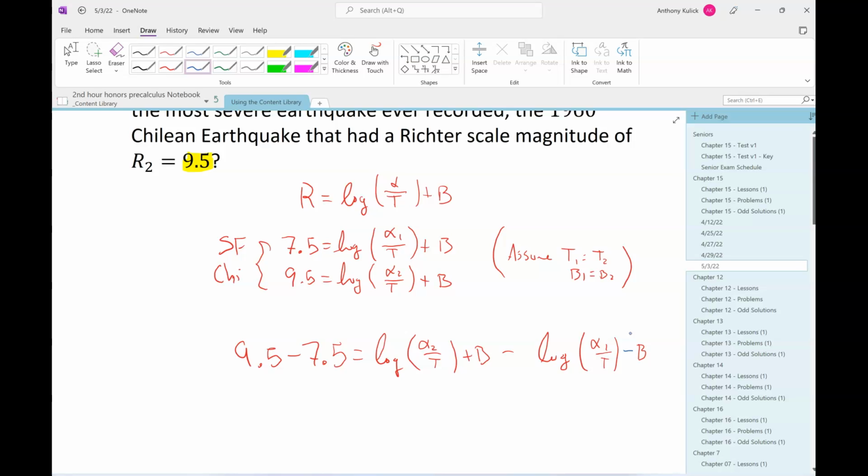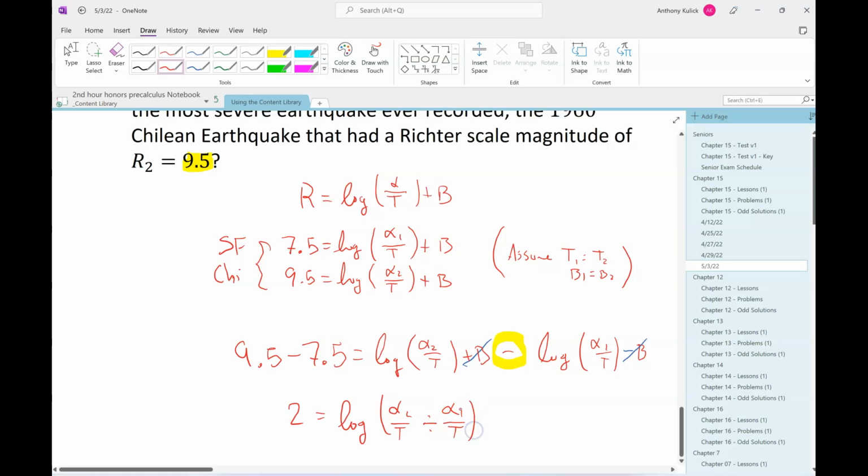What do you notice I can do now? Yeah, the B's are just going to cancel out. What else can I do there? Quotient property. Yeah, exactly right. And since they're both fractions, instead of writing it as a fraction, I'm going to write it with a division symbol.